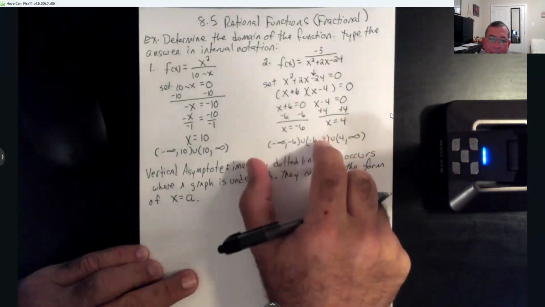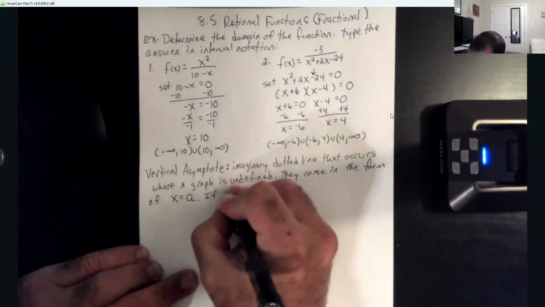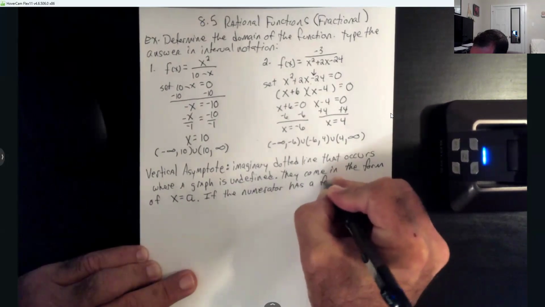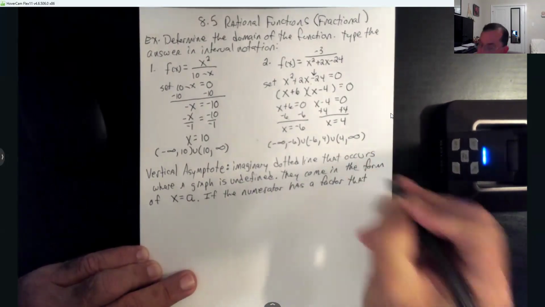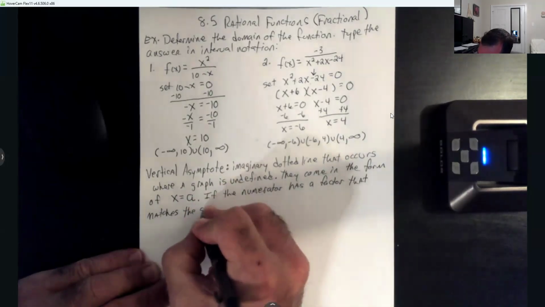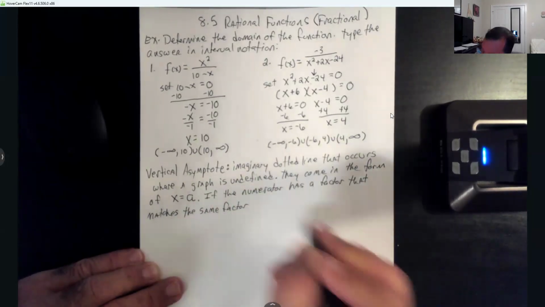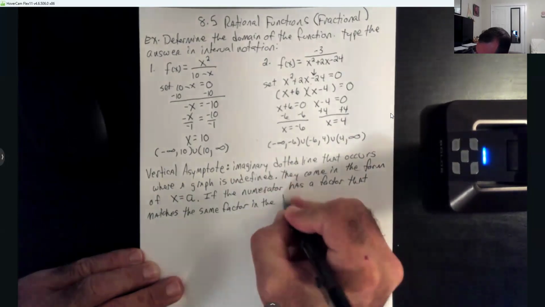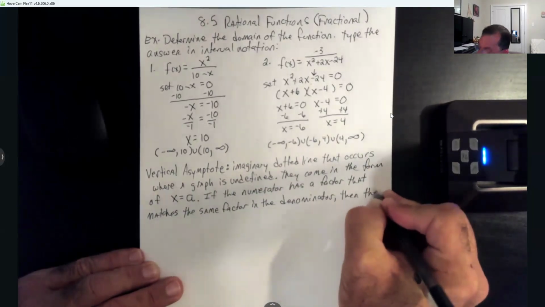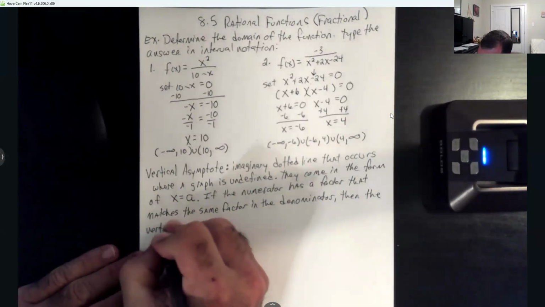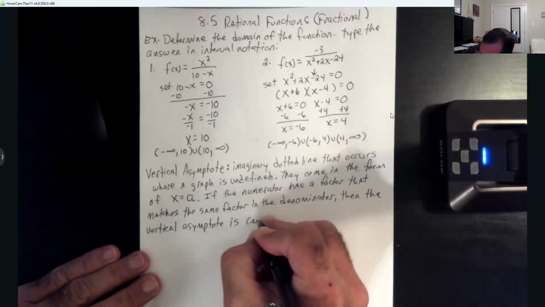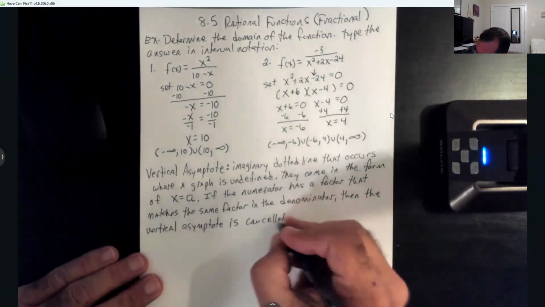If the numerator has a factor that matches the same factor in the denominator, then the vertical asymptote is canceled and creates a hole in the graph.